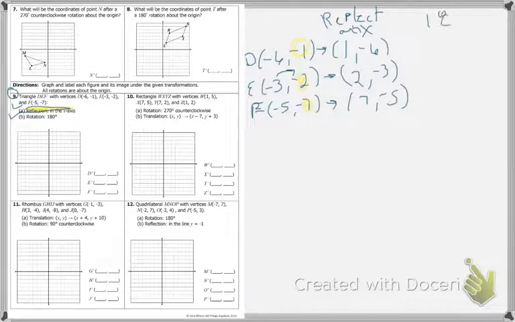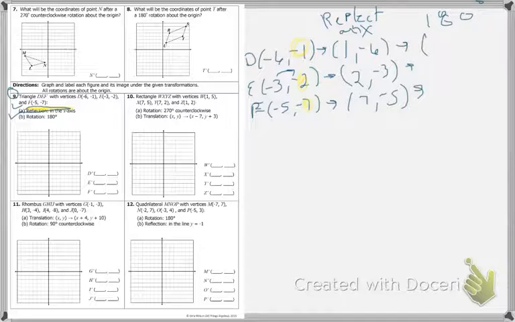So 180 degrees, that means this last step is going to be our final answer. For 180 degrees, whenever you do any kind of 180 degrees rotation, what you do is you change the sign of both coordinates, and the y just becomes its opposite, and the x becomes its opposite.